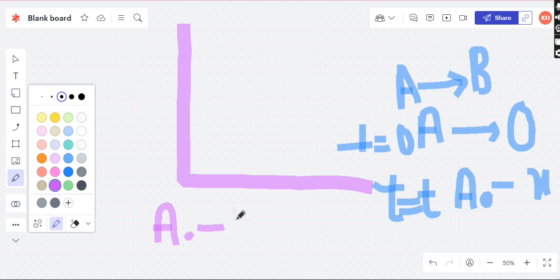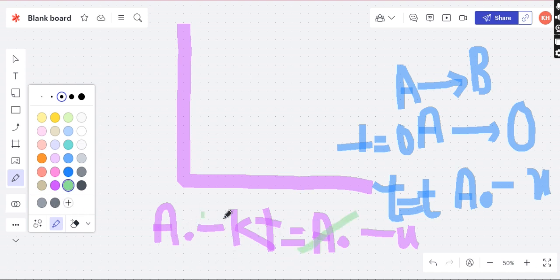A naught by kt equals A naught by x minus. A naught cancels A naught, minus cancels minus. So here x is basically the concentration of product.